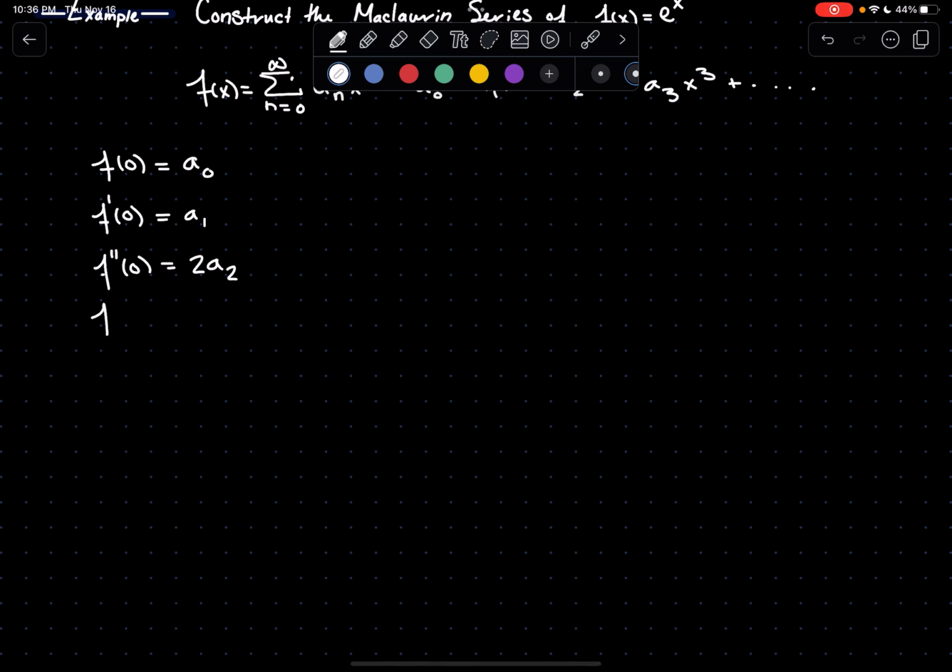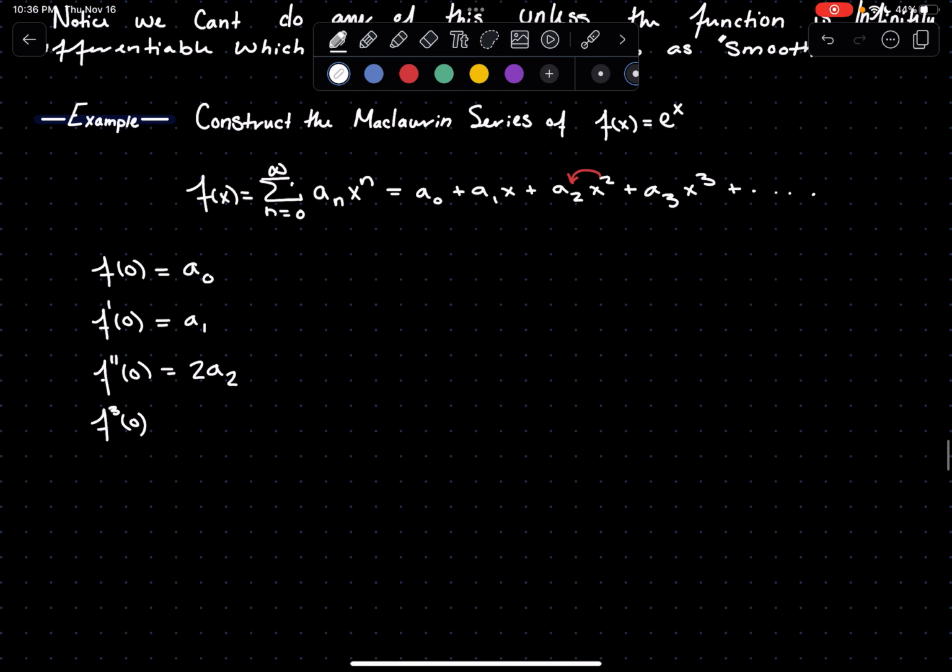And then f triple prime evaluated at 0. If we remember, this 3 came here, and it became a 2. And then the 2 on the next derivative, right? On the first derivative, it came down, it became a 3, right? So for the first step, I get 3a3x squared.